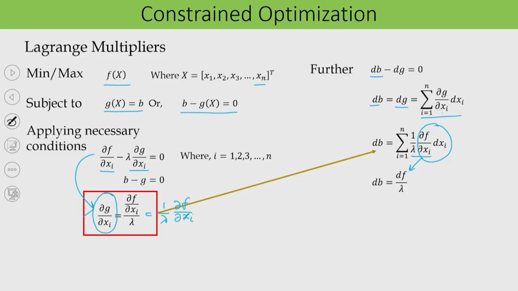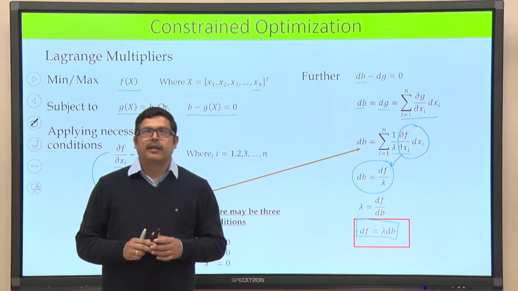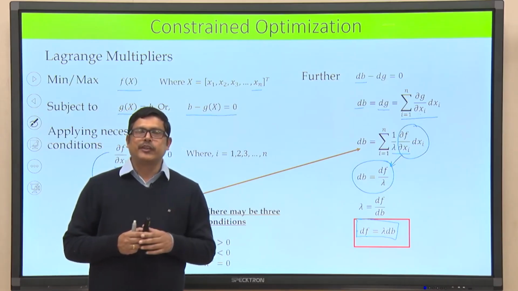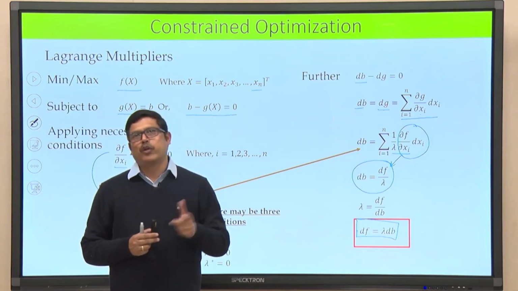Finally, we get db equal to df by lambda, or lambda equal to df by db, that is, df equal to lambda db. Now, there are three conditions: lambda may be greater than 0, lambda may be less than 0, and lambda may be equal to 0.